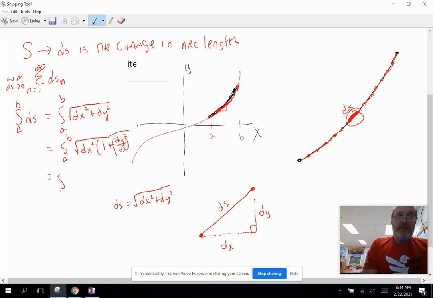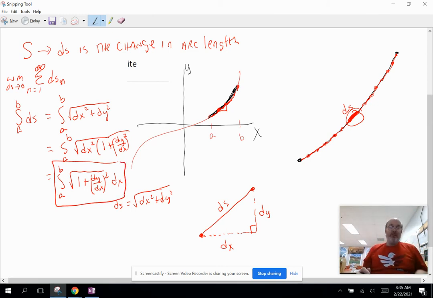And that is the integral from a to b of the square root of 1 plus dy dx all squared times dx. And this is something we can integrate. And when we integrate it, it's going to give us the arc length of the curve.